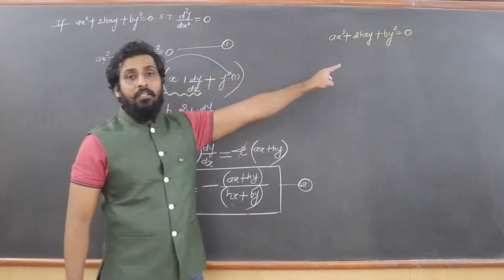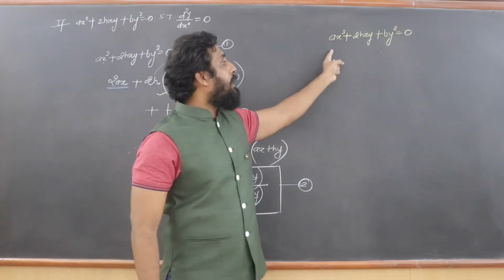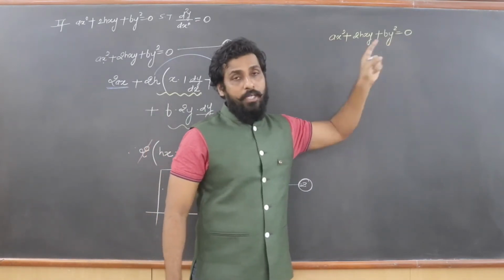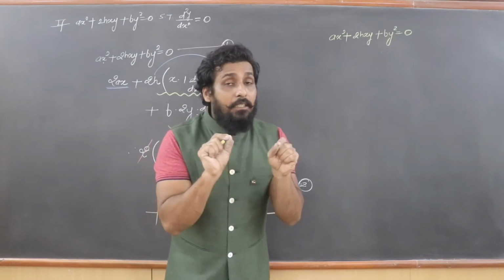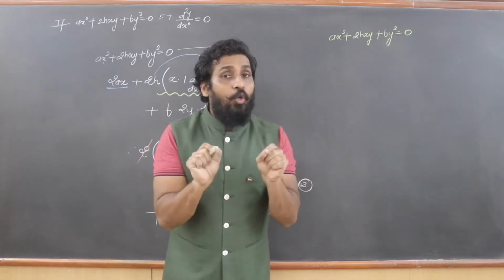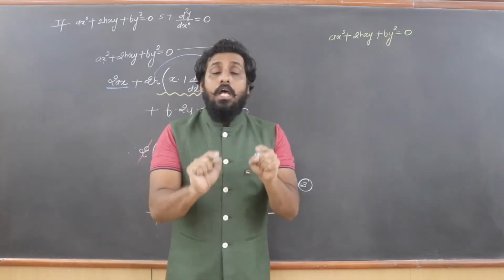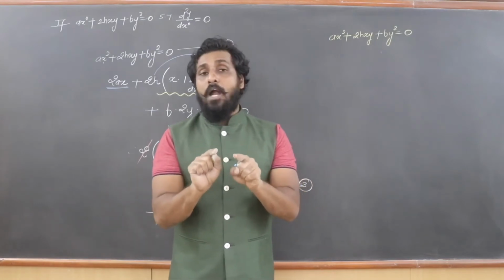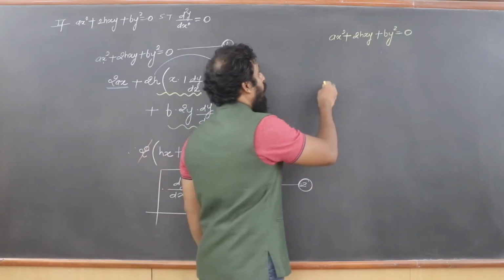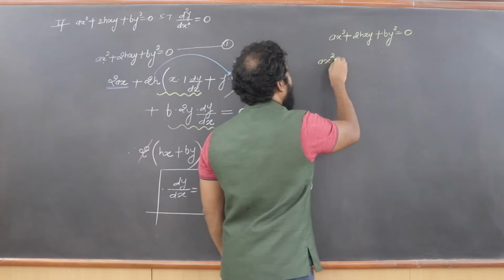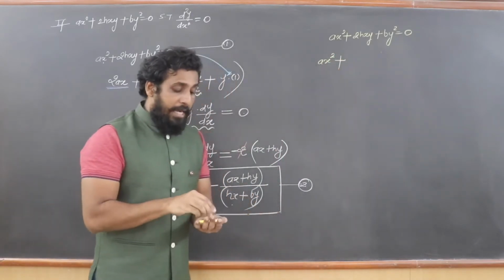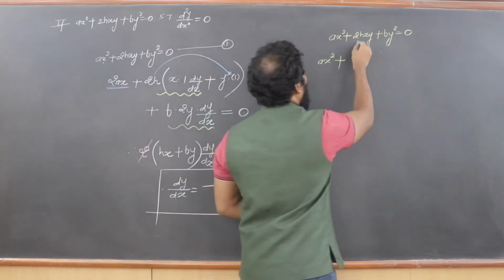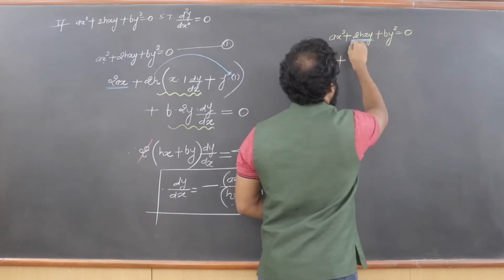The first equation that I had was ax square plus 2hxy plus by square equal to 0. Now look at some rearrangements that I'm going to do in this particular question. The rearrangement is the most important part of the problem, so make sure that you are noting this down. ax square, that's the first term, and here comes the change. You have 2hxy.